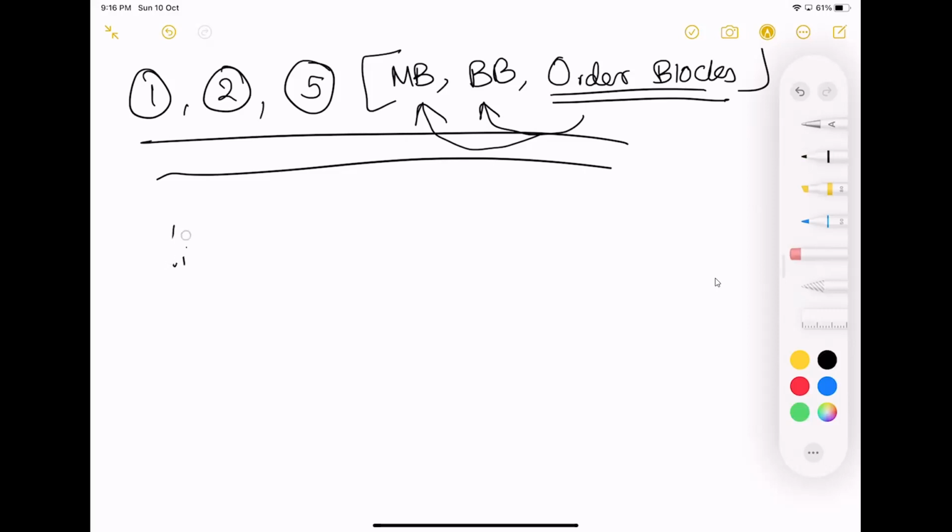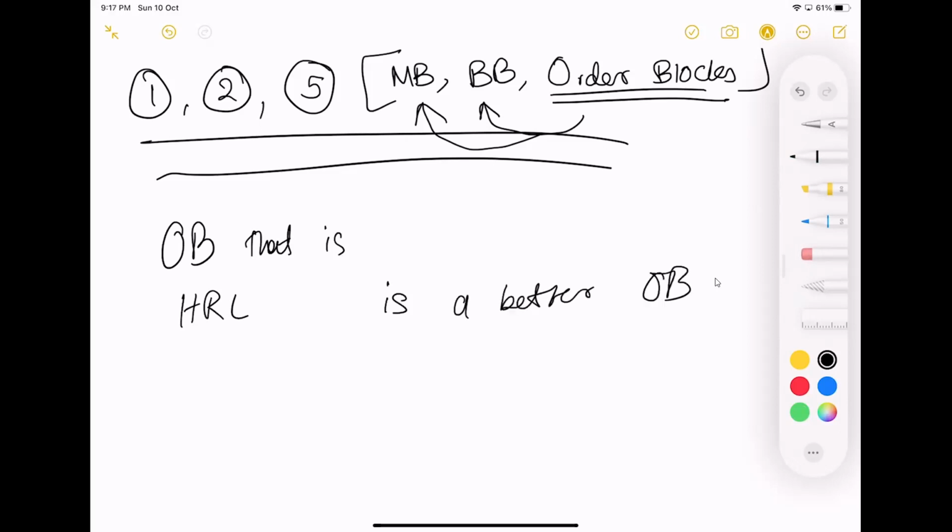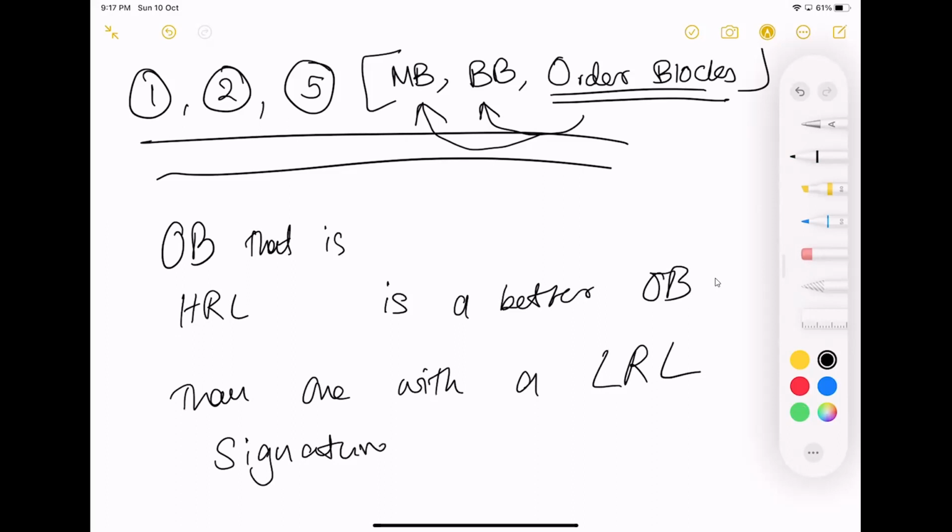An order block with high resistance liquidity is a better order block than one with a low resistance liquidity signature. Do you agree with me?